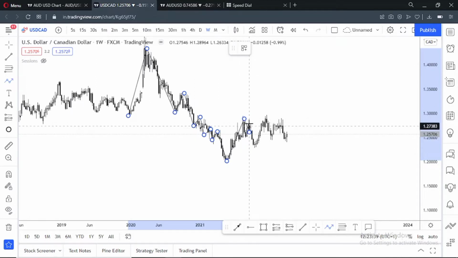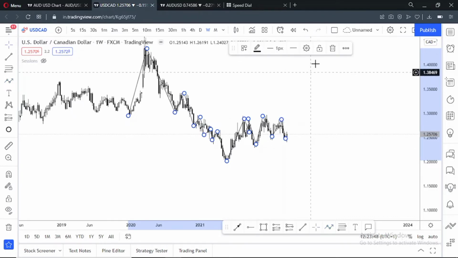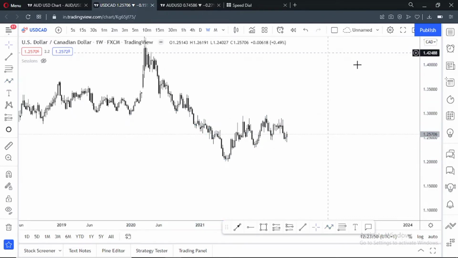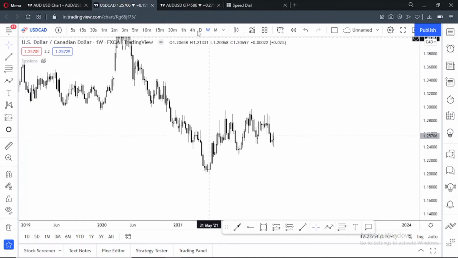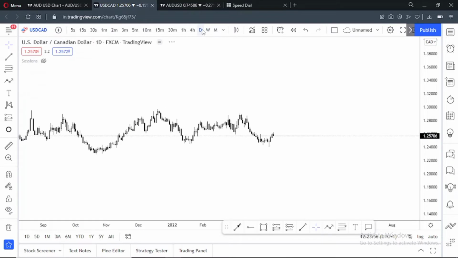Then we had this type of break again, then a break above again. Now the weekly time frame is in a kind of complex pullback because I can't actually define what structure it is presently in. So let's go to a lower time frame to understand what's happening, such as the daily.